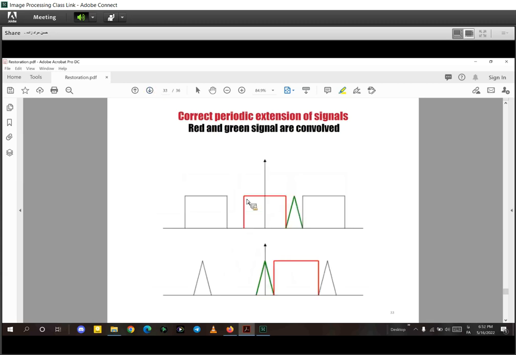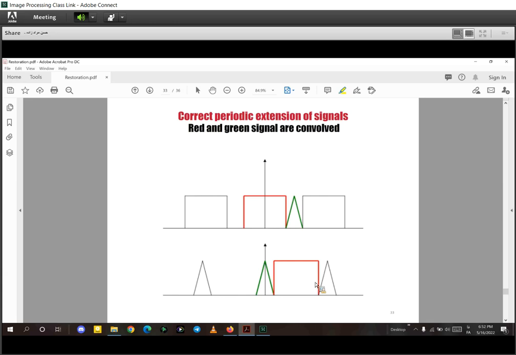But in the correct version, this zero padding is large. Between these two items the zero padding is large, so you can insert this item here without any disturbance.